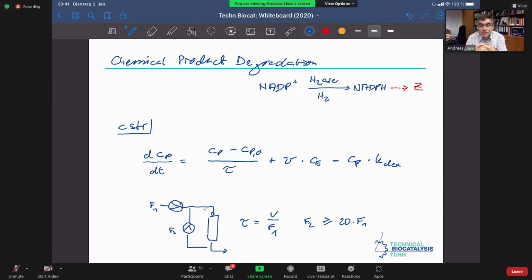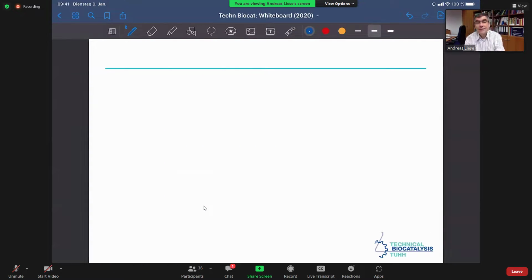What we still need to discuss briefly is if we have a reaction sequence that we would like to model. The example that we are using is a cofactor regeneration system that I would like to discuss with you as the last example for simulation of biotransformations.